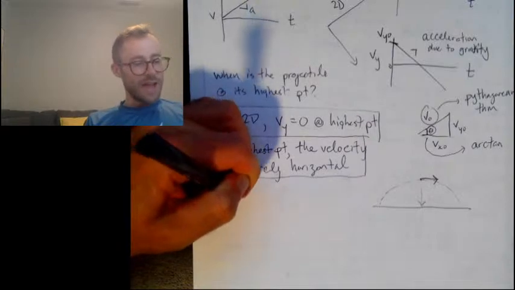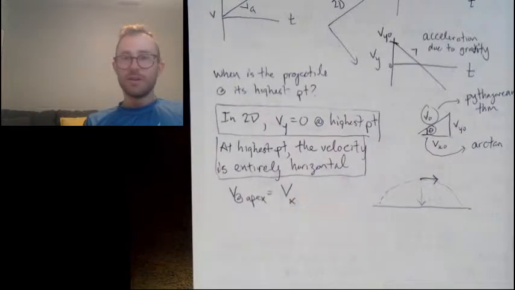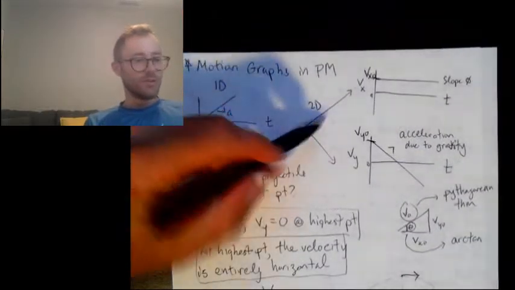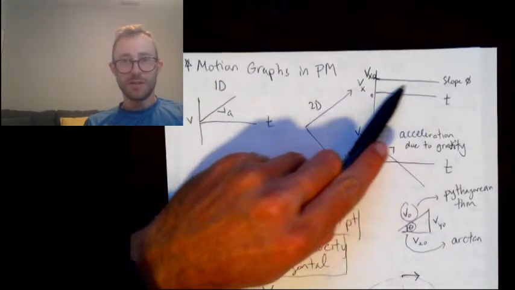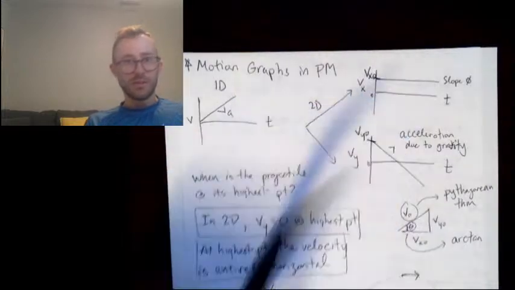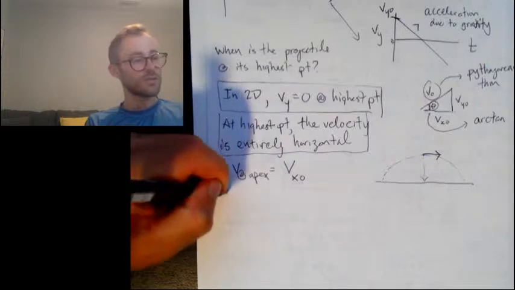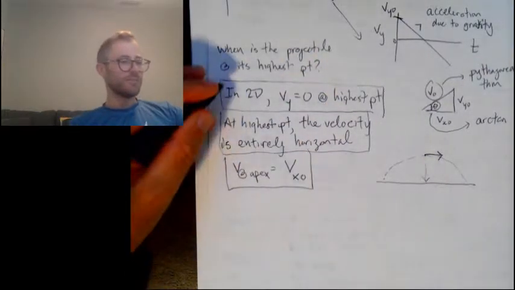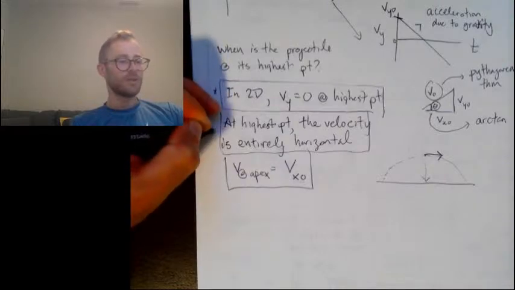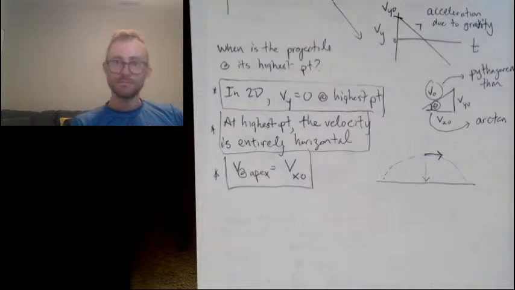So the velocity at the apex is equal to the horizontal velocity. But, interestingly enough, if we go to the horizontal velocity graph, the horizontal velocity never changes because gravity doesn't pull horizontally. So the velocity at the apex is actually equal to the initial horizontal velocity. Okay? So these are some important factoids for two-dimensional motion that are slightly different from one-dimensional motion.